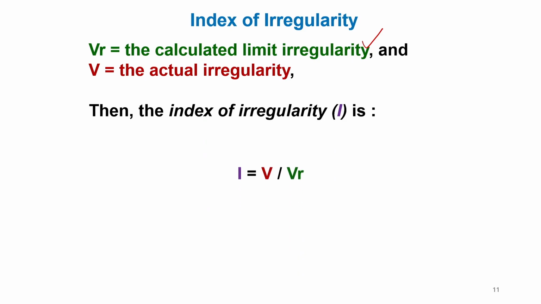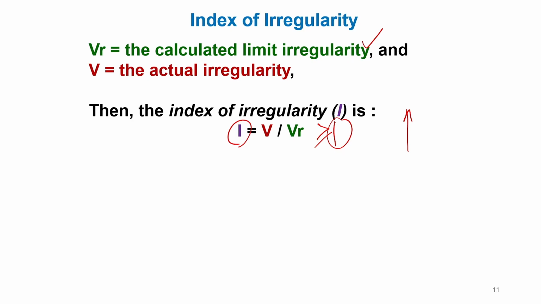Then the index of irregularity will be V by V_r, the ratio. I is the index of irregularity, which is more than or equal to 1. If it is 1, that means the machine is running perfectly, ideal running, but in actual practice it is more than 1. So, the higher the I value, the poorer the performance of the machine.